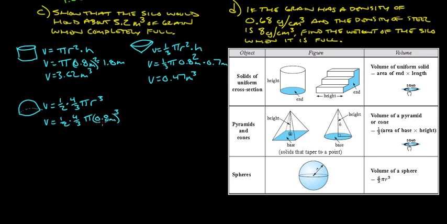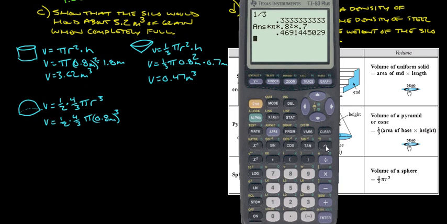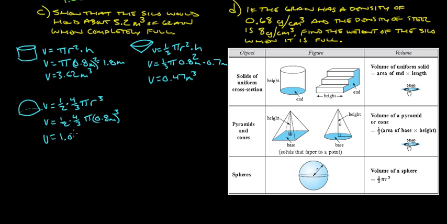All right, so let's try that out. Let's do 4 divided by 3 is 1.33, and we know that half is 0.5, so we multiply that by 0.5, and then we multiply that by pi, and then multiply that by 0.8 to the 3rd power, and we get 1.07 cubic meters.